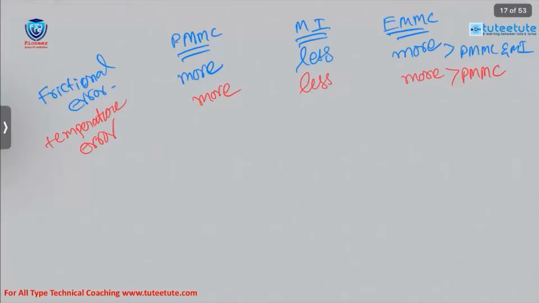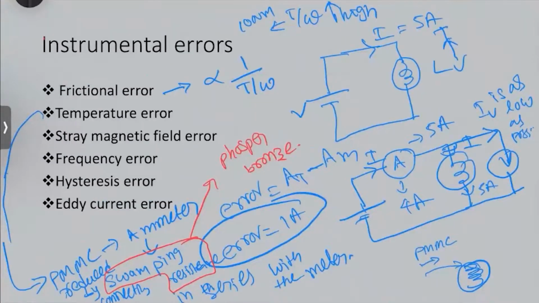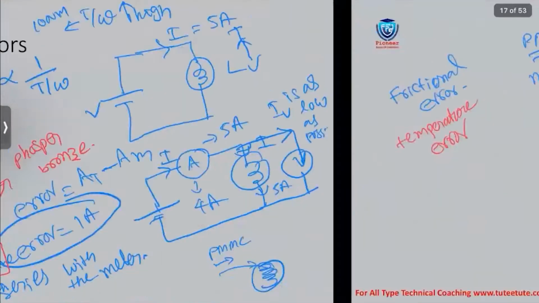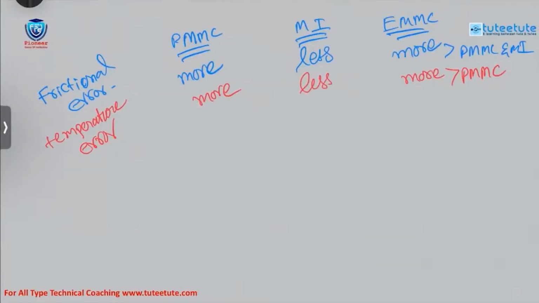Okay, next error is stray magnetic field error. What is meant by stray magnetic field error? Okay, we have an instrument. Let's take an ammeter. We went to the laboratory, and nearby there is one big permanent magnet motor.